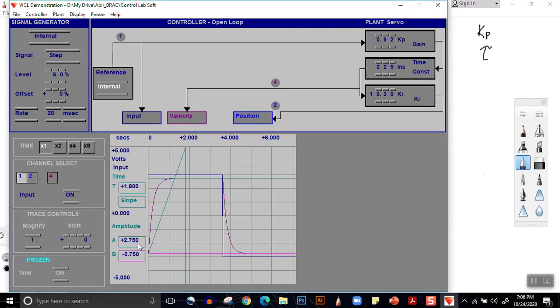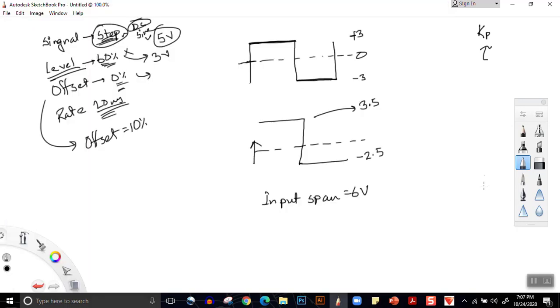Then what we find is plus 2.750 and minus 2.750. The difference between these two will actually be our output span. Now the output span is 5.5 volts. So you see you have these things there in the data table. You have to write it there. Output span is equal to 5.5 volts.